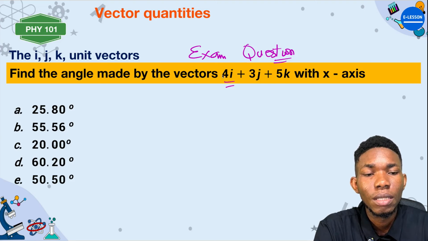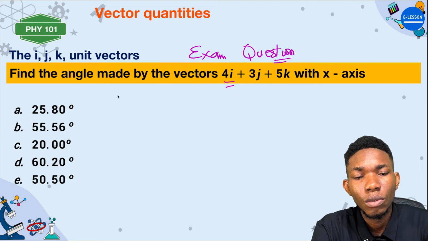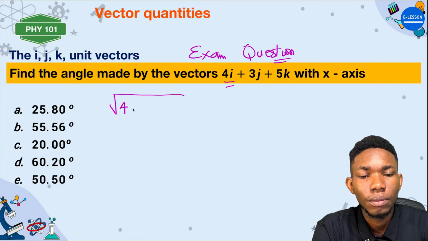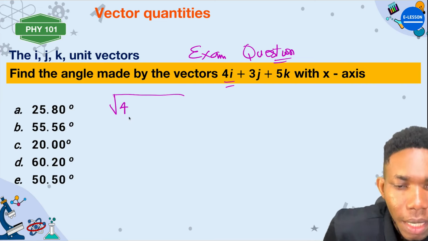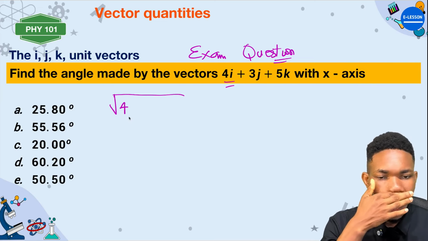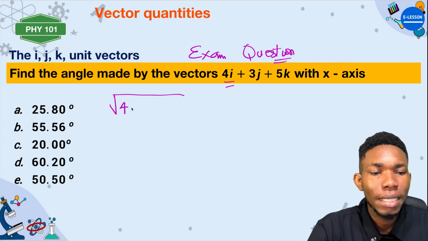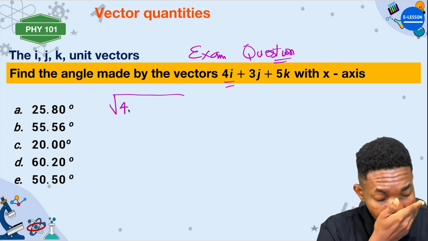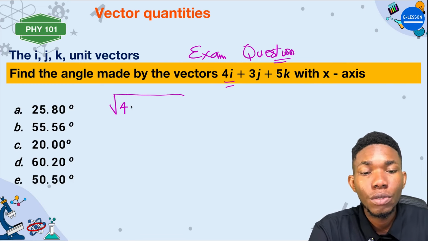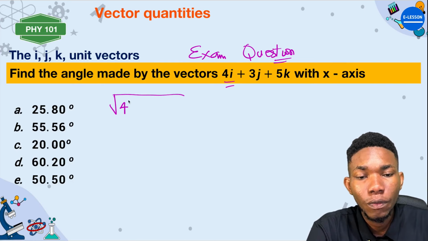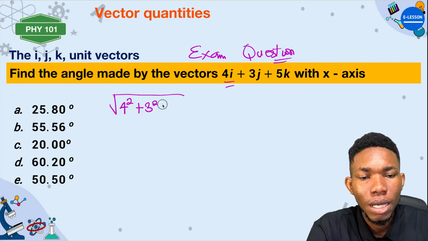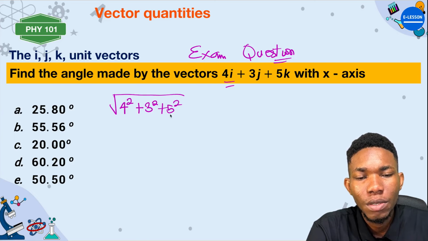Like I was saying, if they say find the angle made by the vector and the x-axis, what are we going to do? First of all, find the magnitude of the vector. The magnitude will be 4 square plus 3 square plus 5 square.